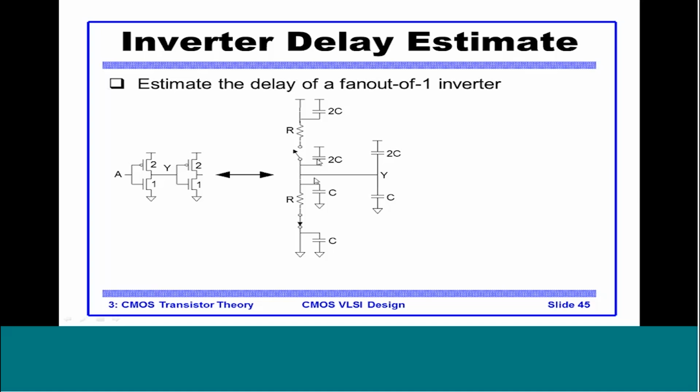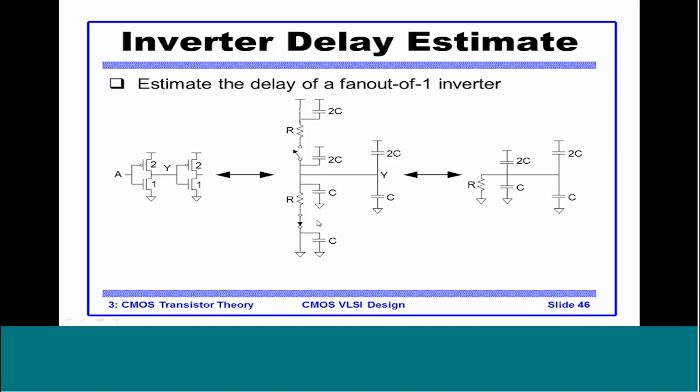Similarly, we look at a case where PMOS is open and NMOS is closed. Whenever the capacitances are in parallel, they add up. So the capacitance at Y will become 2C plus C, 3C, plus the inverter here. Since the PMOS is open, this will go away. It will see 2C from here. It will see the C from NMOS and the R from NMOS.